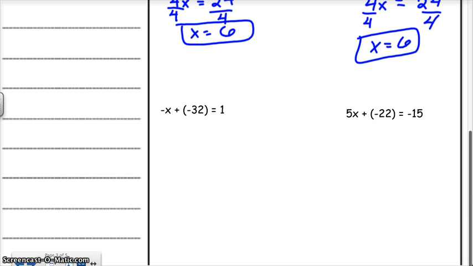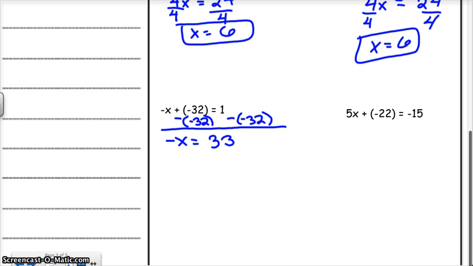Negative x plus a negative 32 is equal to 1. What's the inverse of plus? Subtract. So I'm going to subtract a negative 32. What happens when I subtract a negative 32? It ends up adding. And I get negative x is equal to 1 minus a negative 32, which is 1 plus 32, which is 33.